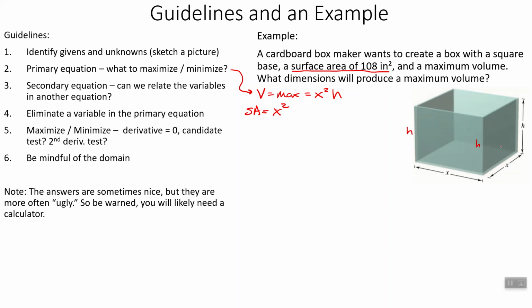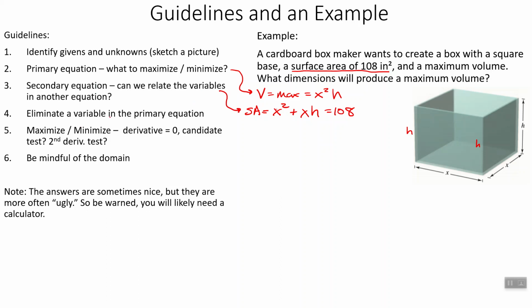So we have one side here, one side here, one side in the back, one side over here. So there'd be 4 of them. So there's 4 x times h sides. Now if we had a top here, which maybe we do, maybe we don't, we would just add another x squared. So there'd be 2 x squareds. But that is our surface area. And we were given that that is 108. So that's our secondary equation. That's the equation that relates the variables together using other information we've got.